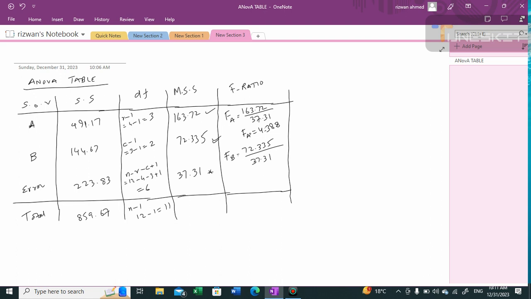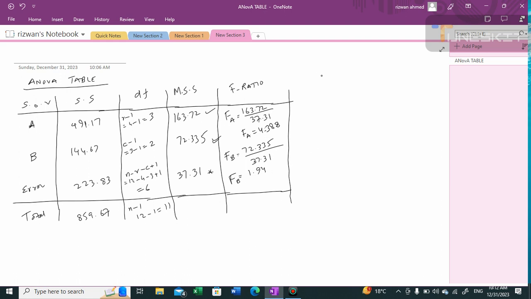So 72.335 divided by 37.31 gives us 1.938, which makes it 1.94 rounded off to 2 decimal places.